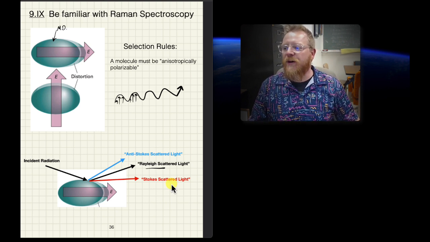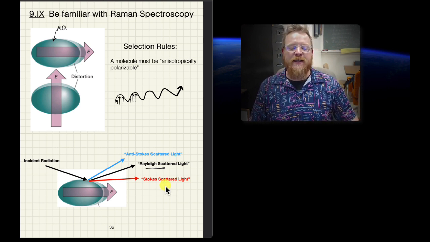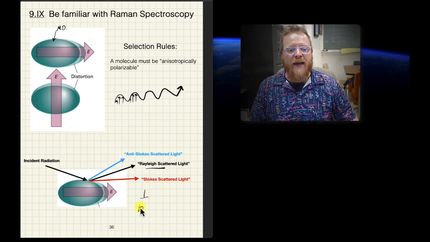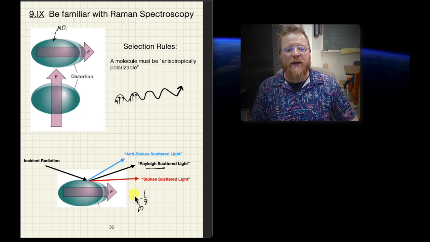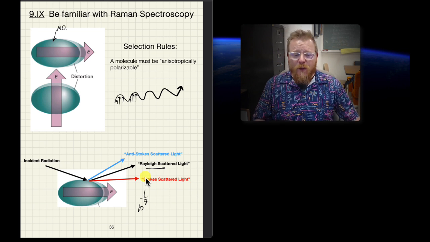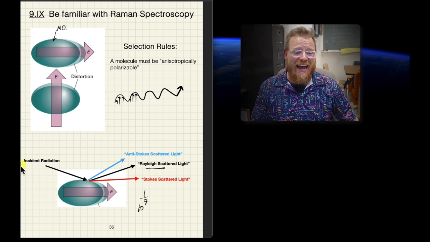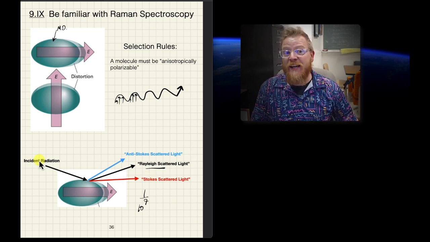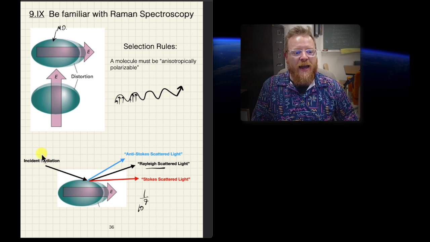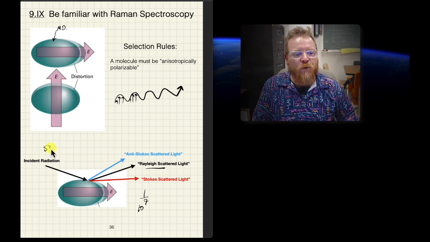What's important to note here is that this is a very rare effect. Typically, like 1 in 10 to the 7th photons will actually exhibit anti-Stokes or Stokes scattering. So you have to use a very intense source of radiation for this effect to occur, and typically that is done with a green laser operating at 532 nanometers.